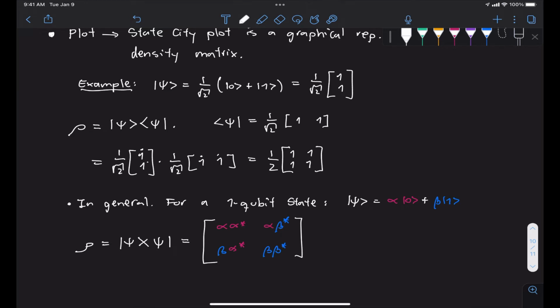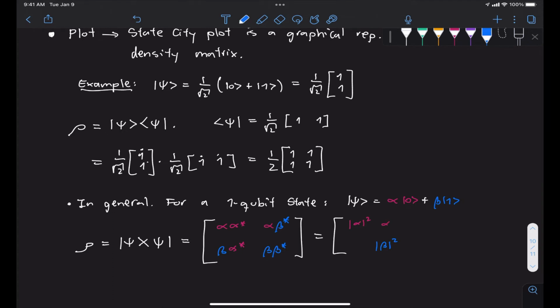And if you see here, alpha times alpha complex conjugate is actually the norm of alpha squared, and same for beta, the norm of beta squared.